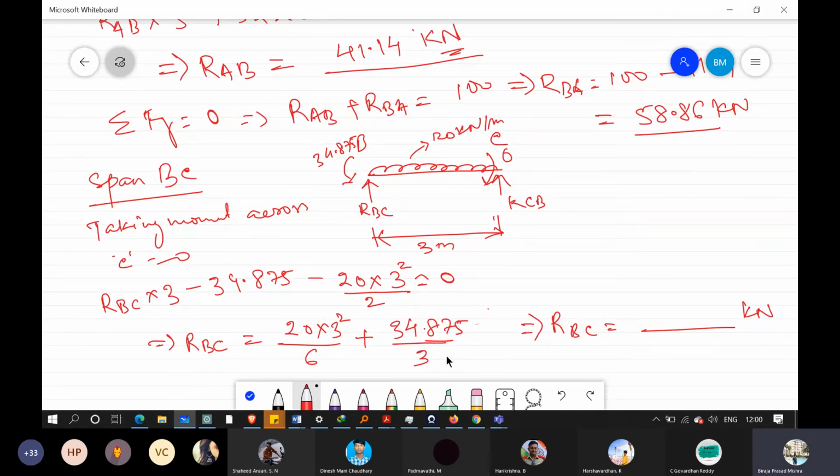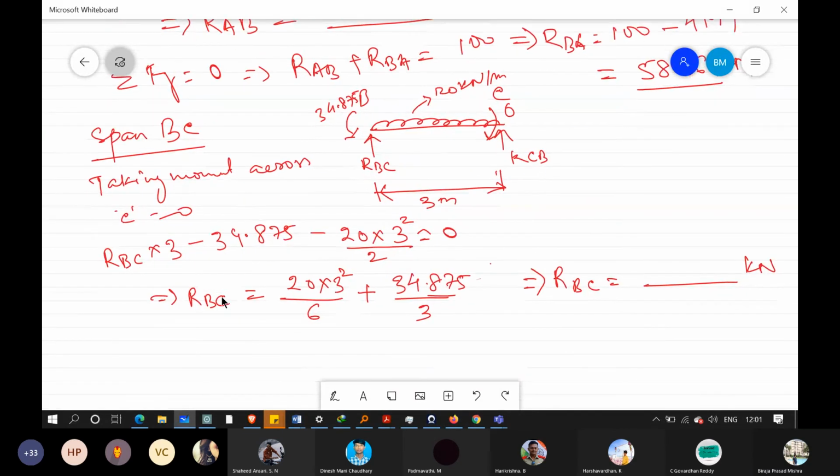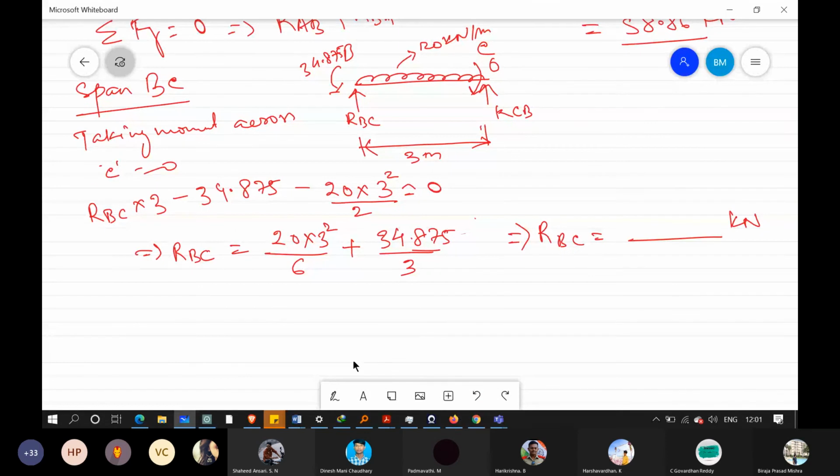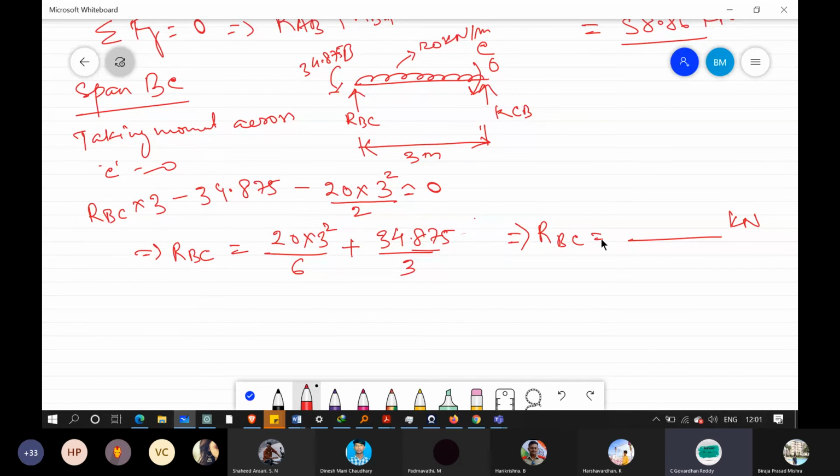Please calculate how much is RBC. Govardhan, how much is RBC? 23.952, sir. 23.952.